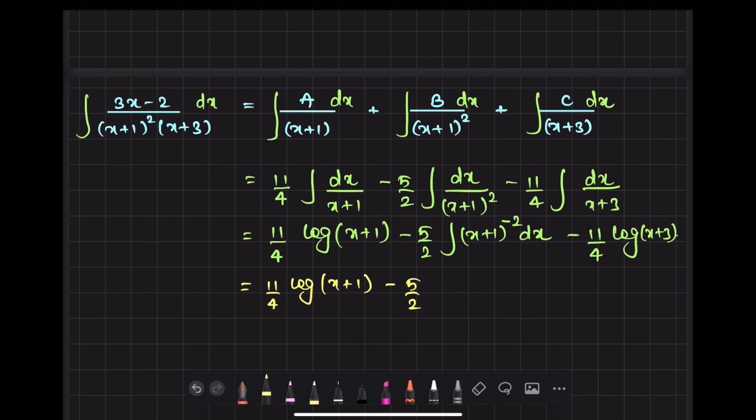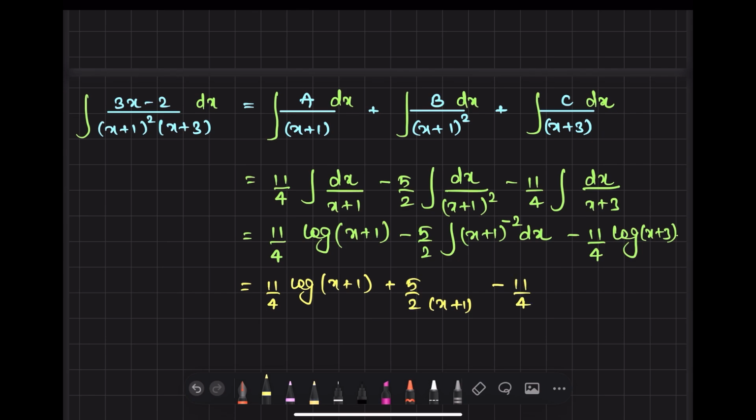Now integration of this thing will become what? X plus 1 to the power minus 2 plus 1. So it will become minus 1. So minus 1 will go to the numerator and it will make it positive here. And then you will be left with x plus 1 to the power minus 1 in the denominator.